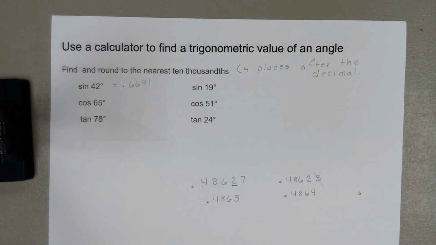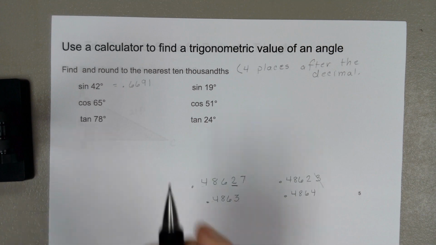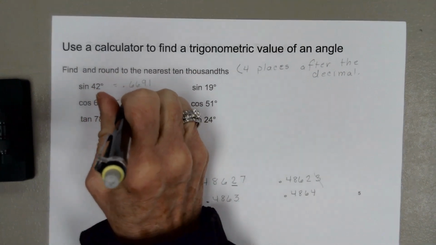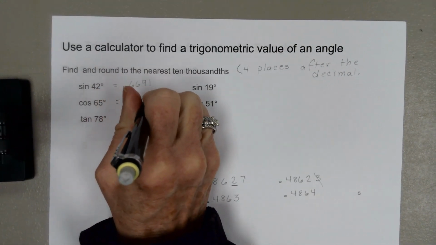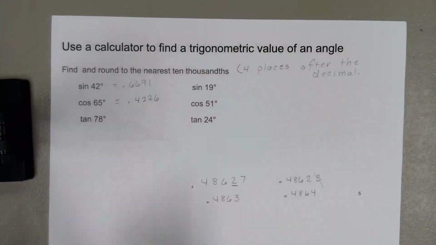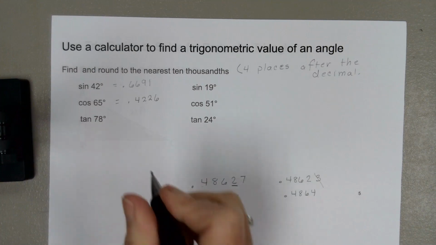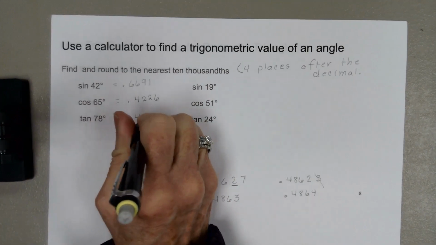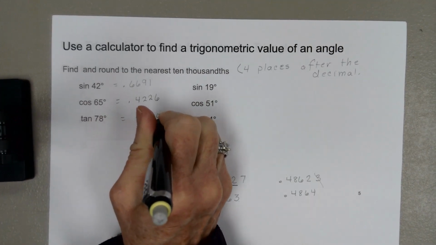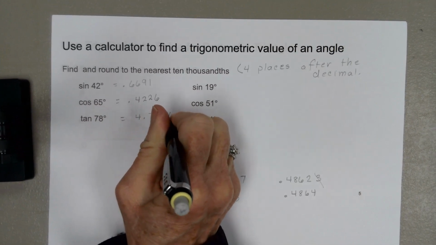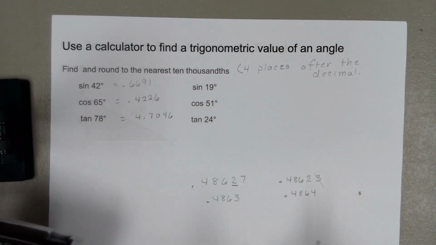Cosine, I press the cosine button of 65, and it's going to give me 0.4226. Tangent, I press the tangent button of 78, and it's going to give me 4.7046, and again, it doesn't round up.